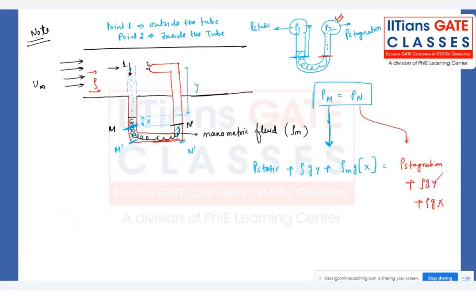This rho g y will cancel out. So what we can write? P stagnation minus P static is equal to rho m g x minus rho g x.